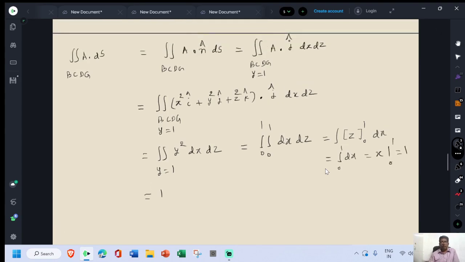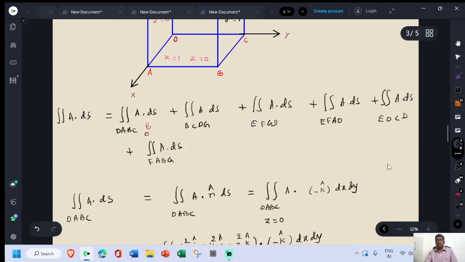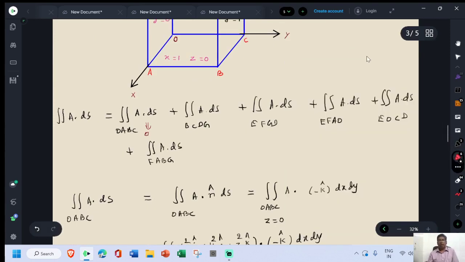Therefore, the double integral of A dot ds over the face BCDG equal to 1. So this value is 1.